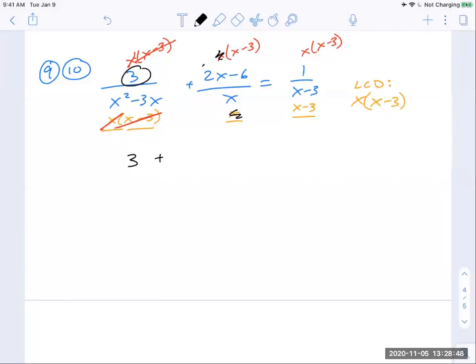I am left with 2x minus 6 times x minus 3. What does that give me? Two x squared minus 12x minus 18 plus 18.